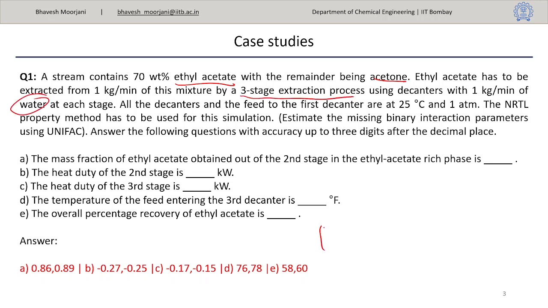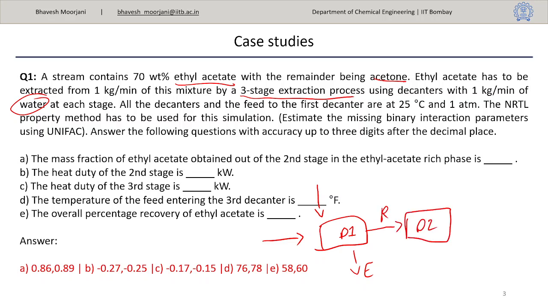Our feed is coming into decanter 1 where water is added. In the decanter, due to phase separation, we will have liquid-liquid equilibria, and we will have one extract phase and one raffinate phase. That raffinate phase is transferred into D2 where water is coming in again. Again you will have extract and raffinate phases.